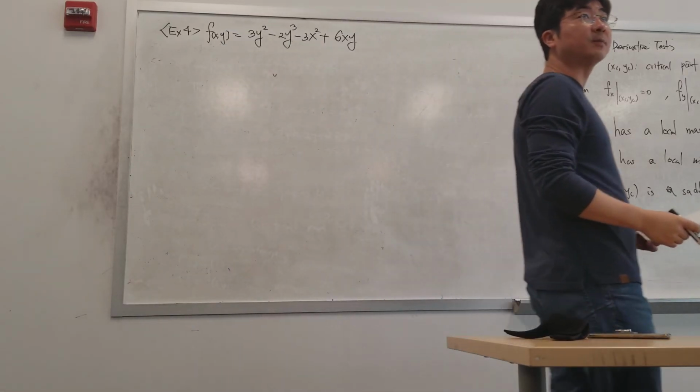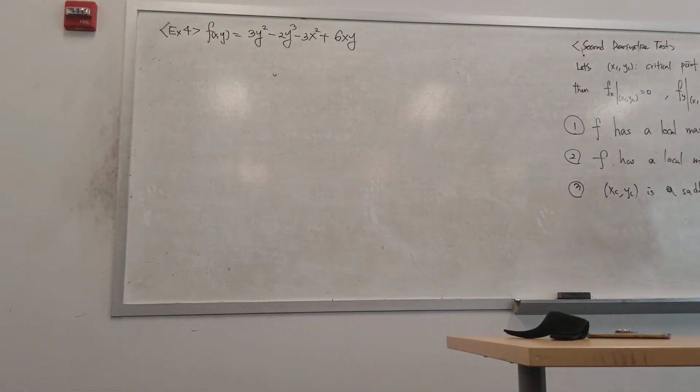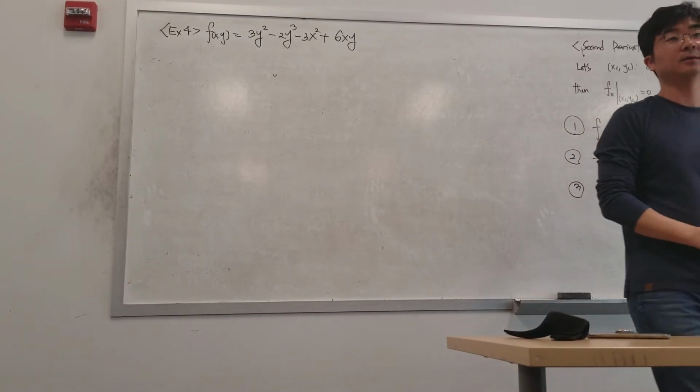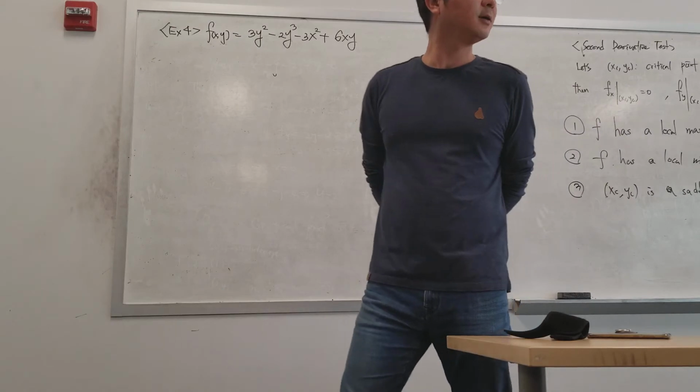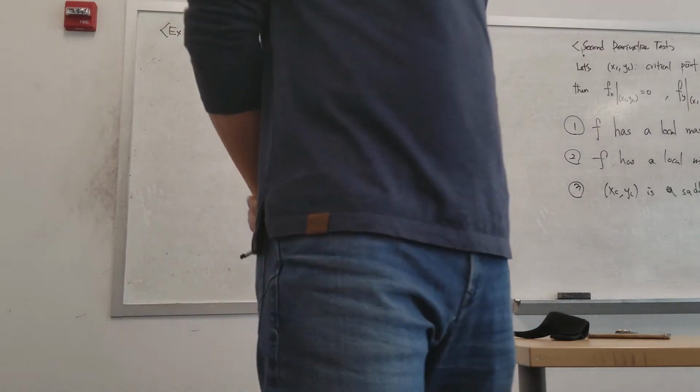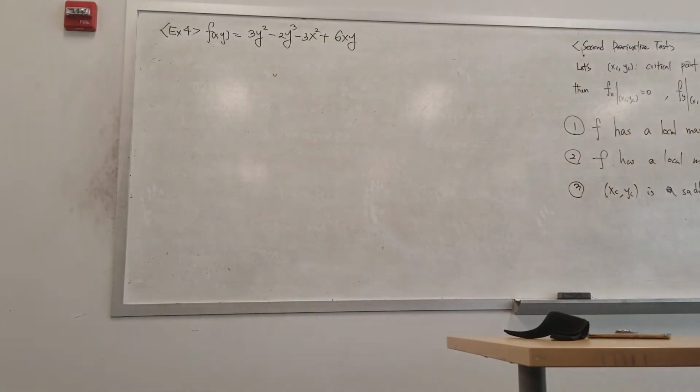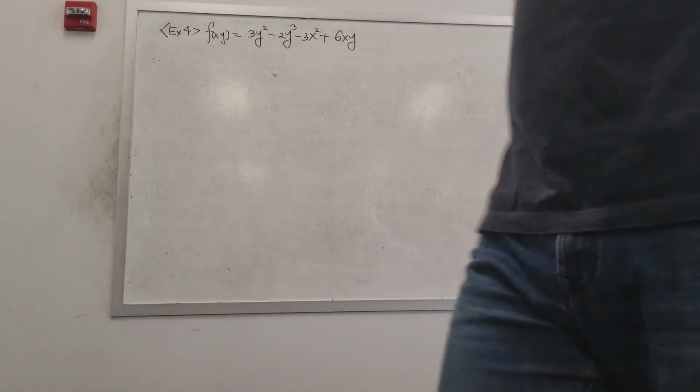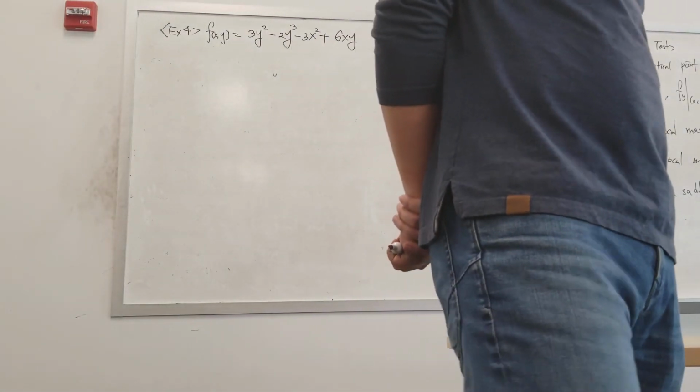This will be our last example. And then we're going to move to Lagrange multiplier. Again, this is an optimization problem. Why do we find this?